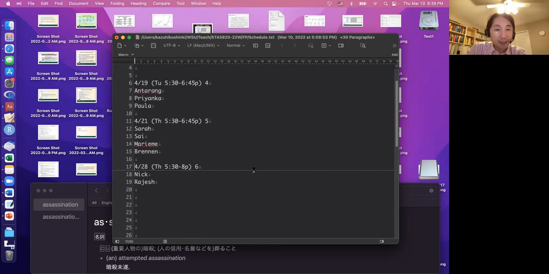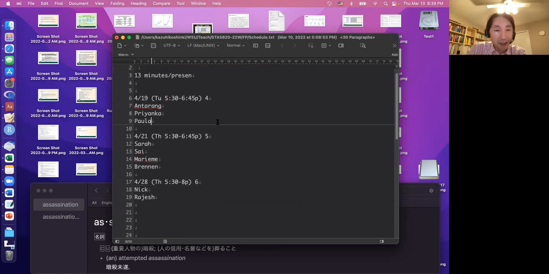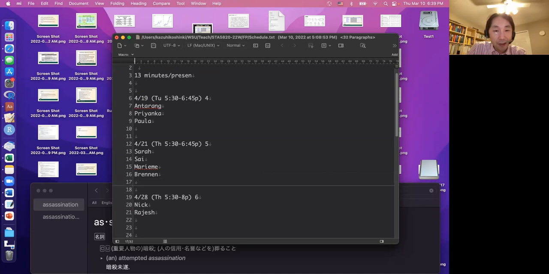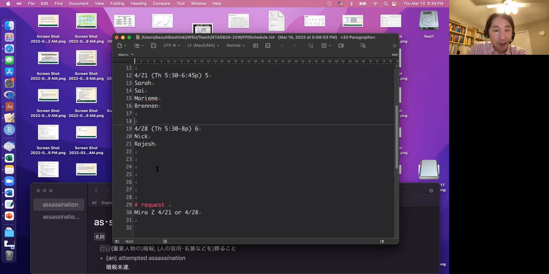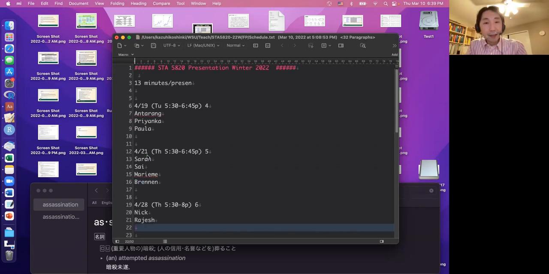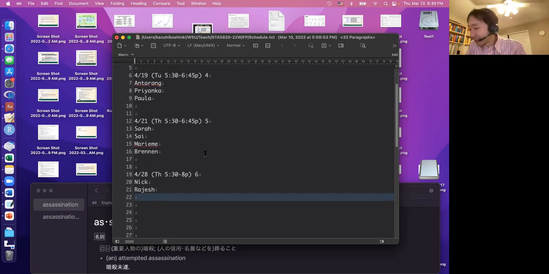So I think it's pretty good. We have 1 slot on the first day, 1 slot on the 21st, and 3 slots. That's great. I will send the schedule after the lecture, but let me confirm it. It's on screen. Just make sure that everyone is fine with this: Antarang and Priyanka, Paula, Sarah, Sai, Mariam, Brennan, Nick, and Rajesh. Okay, great.